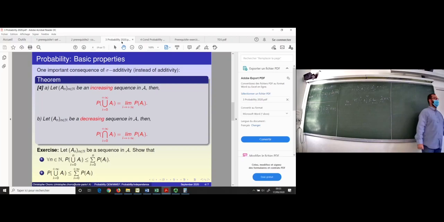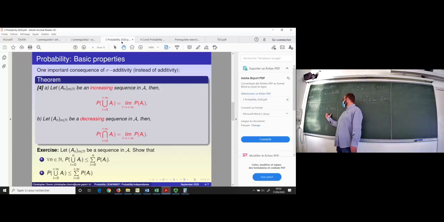Okay, what happened for the second part of the inequality, the limit of the sum? What I call an infinite sum in maths is just the limit of the finite sum. It's just a notation. This element here is by definition the limit of the finite sum when n goes to plus infinity. So I have nothing to say about this term.